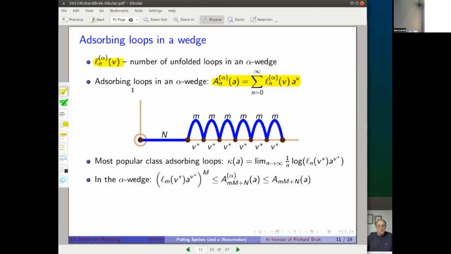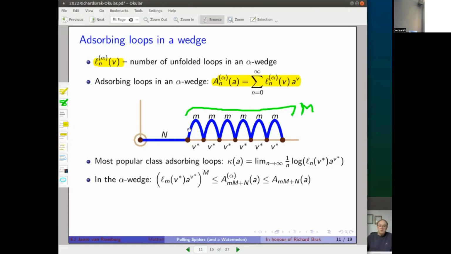So I'm going to take capital M of these loops and put them together in a string like this. So there are M of these loops put together.